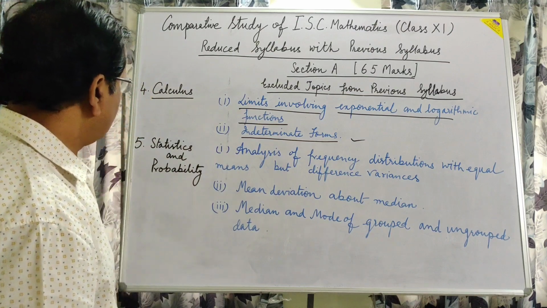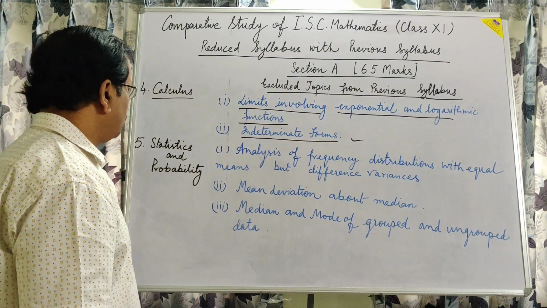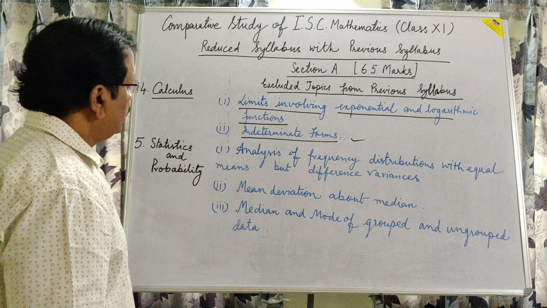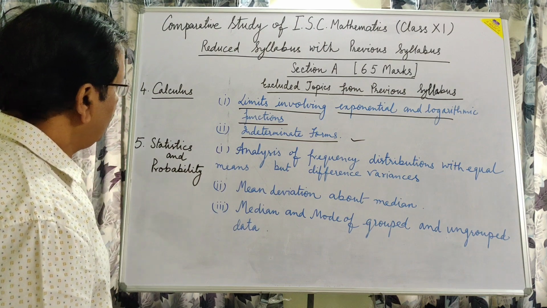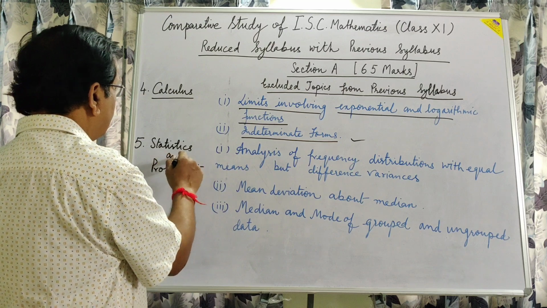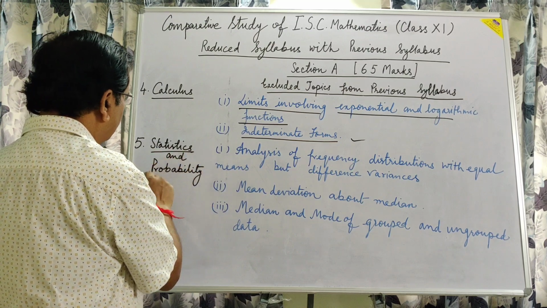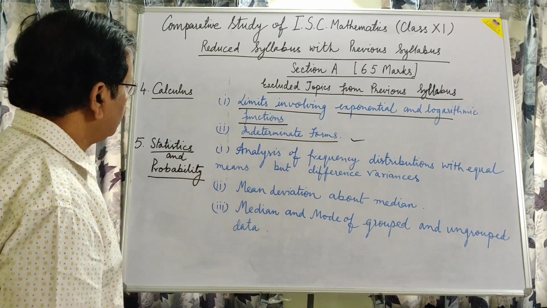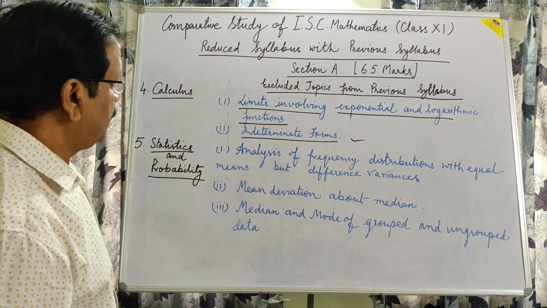In Section A we are studying as a whole 5 units, and the last one, the fifth unit, is related to statistics and probability.